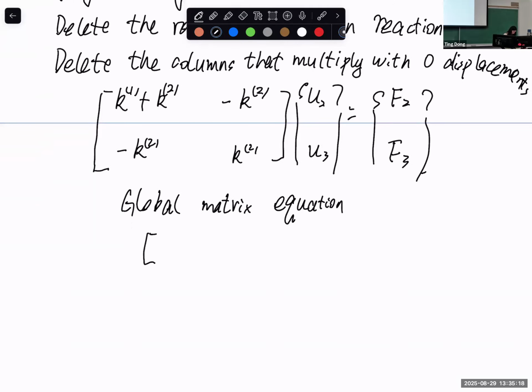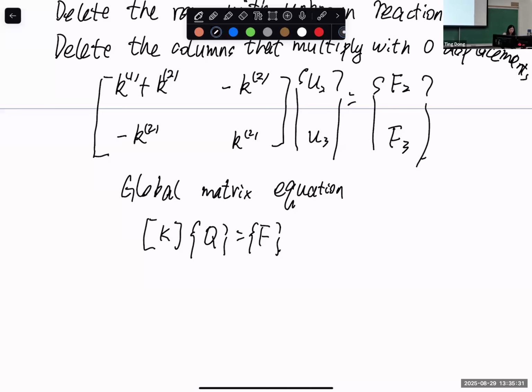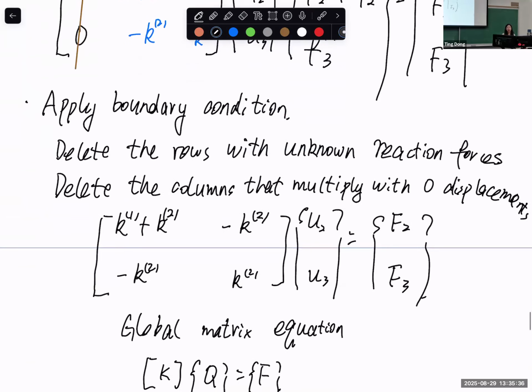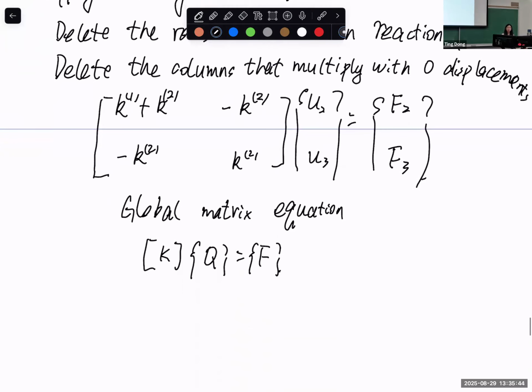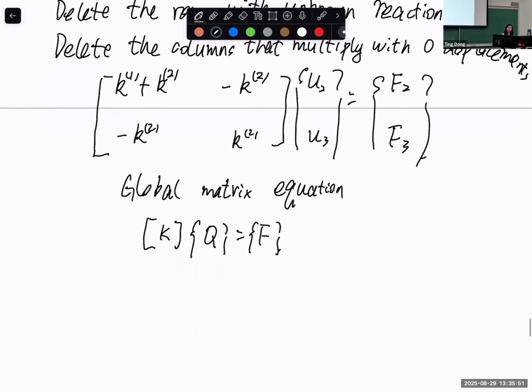So in the text, you put it simply as KQ equal to F. Now Q becomes all unknown degrees of freedom, because in this example U1 is given information, we know U1 equals 0, and that's why we delete that part. So Q becomes all the unknown degrees of freedom, and F becomes all the given external applied force, and the reaction force becomes unknown.